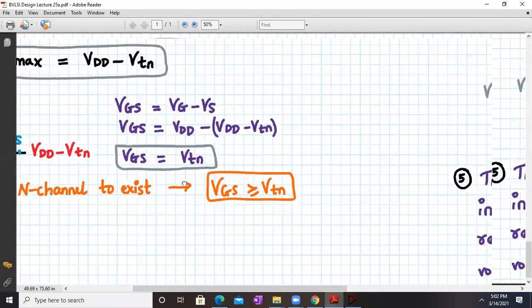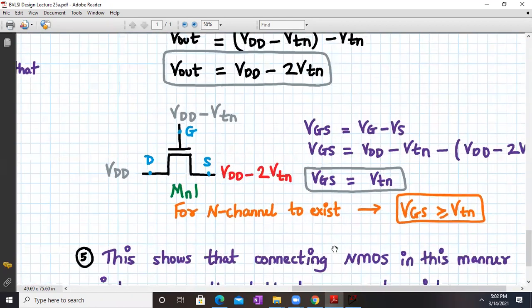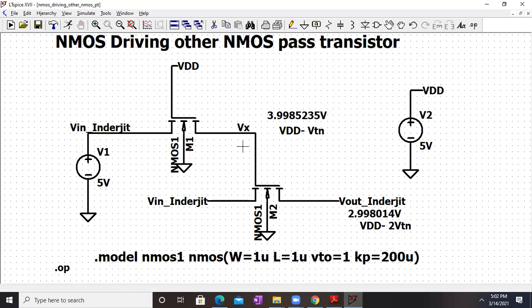Now let us see in the second case what is happening. If you see carefully, VDD minus VTN is applied as the gate terminal voltage.